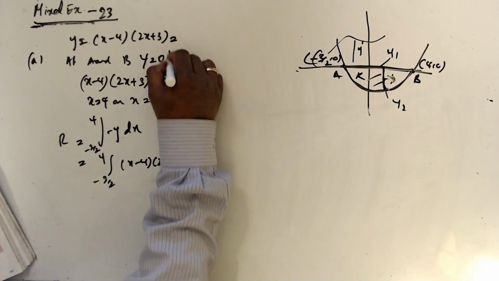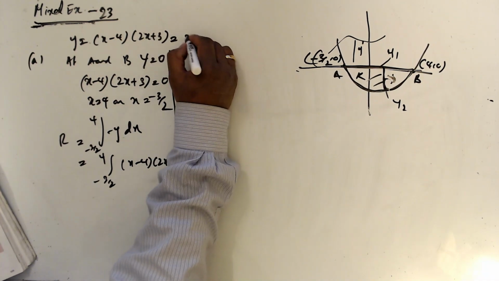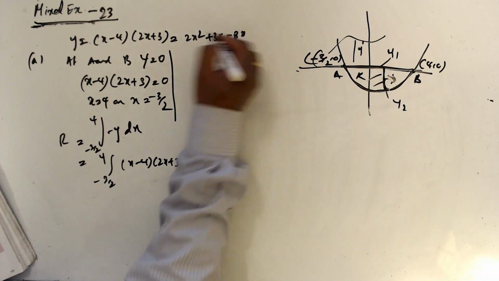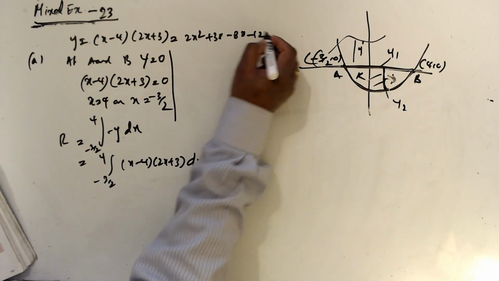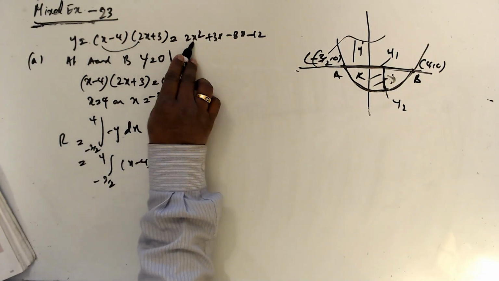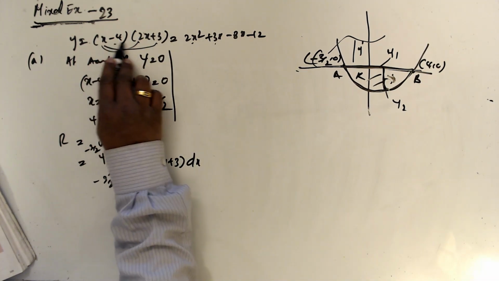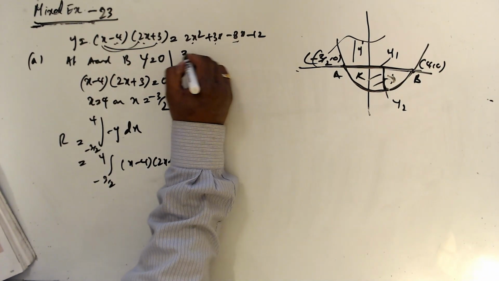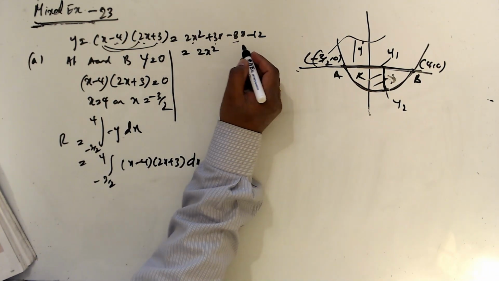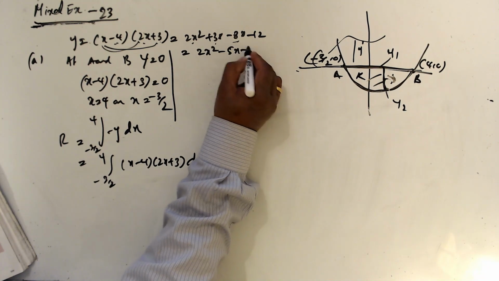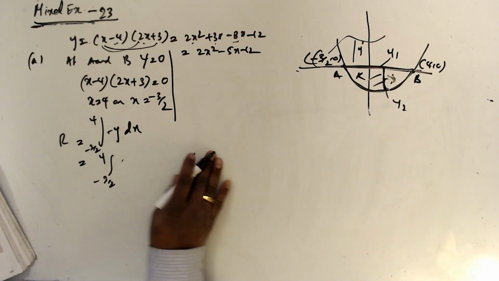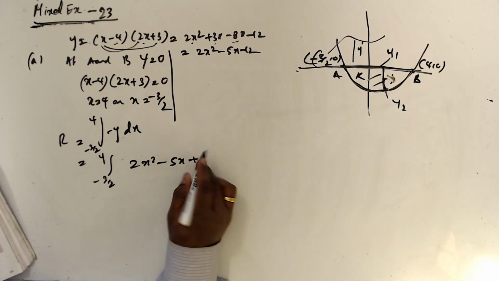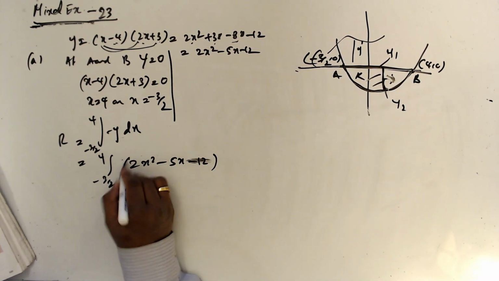What is the expansion of this? 2x square plus 3x minus 8x minus 12. So that is going to be 2x square minus 5x minus 12 dx.